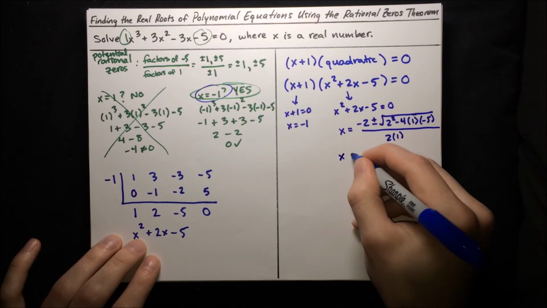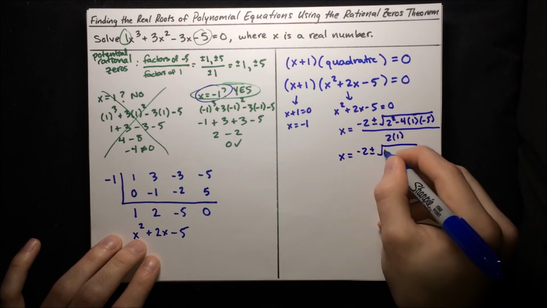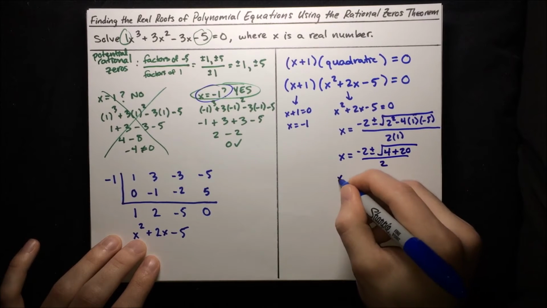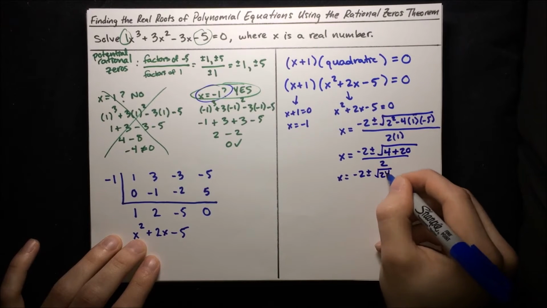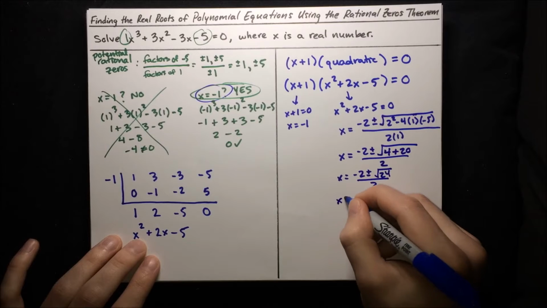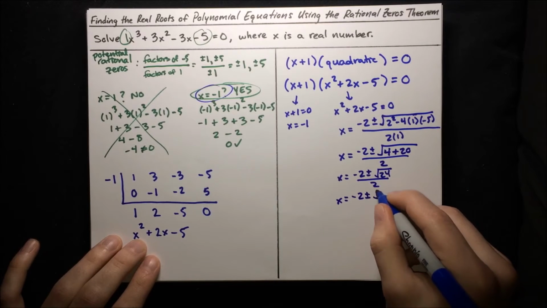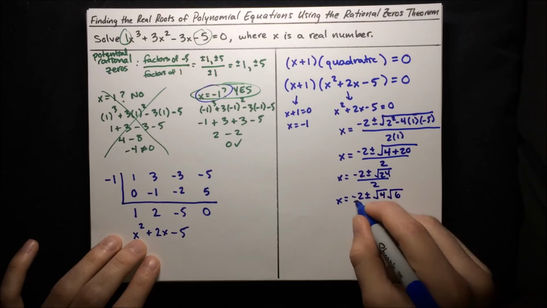Let's simplify that. x equals -2 plus or minus the square root of 4 plus 20, over 2. So x equals negative 2 plus or minus root 24 over 2. We can break up 24 into root 4 times root 6, all over 2.